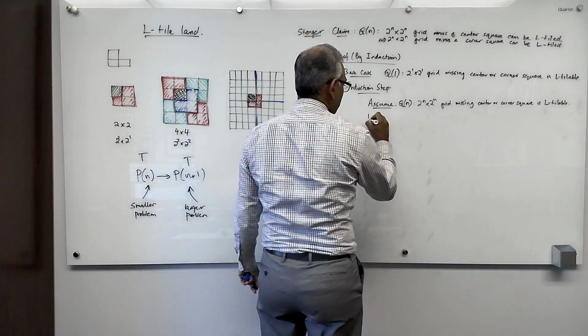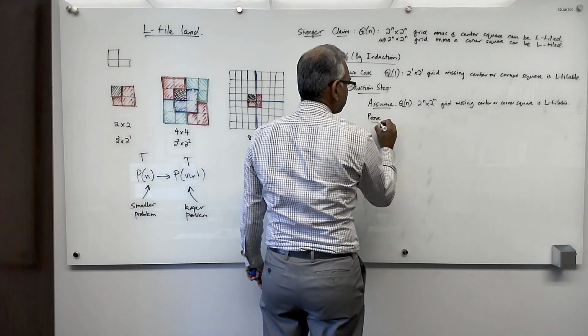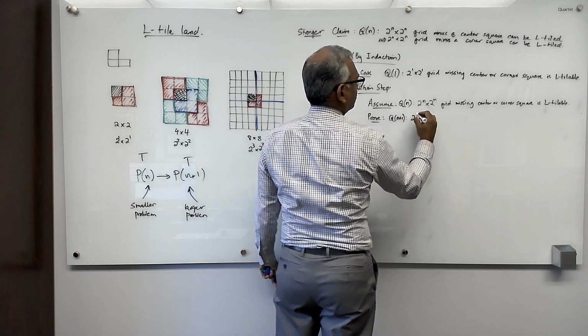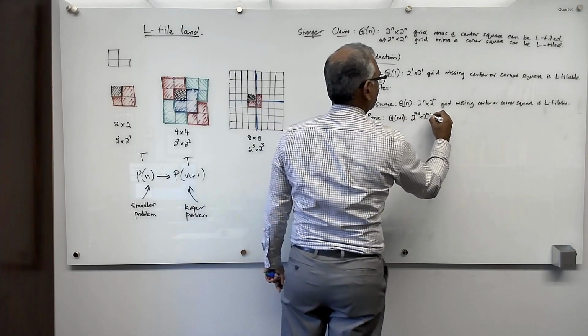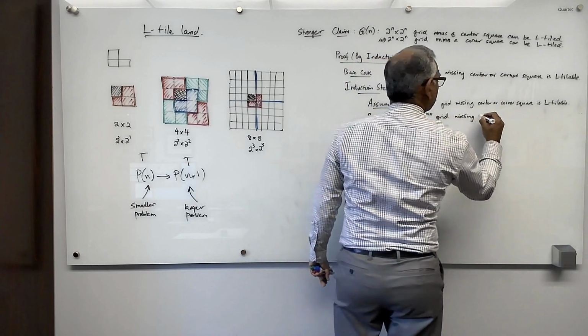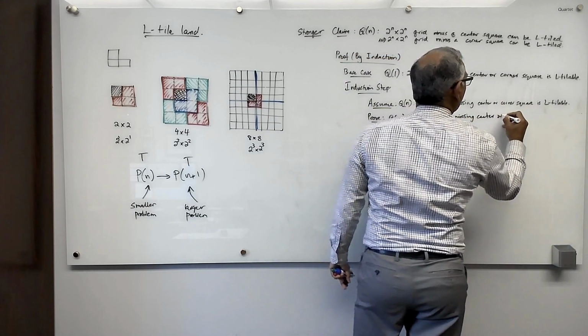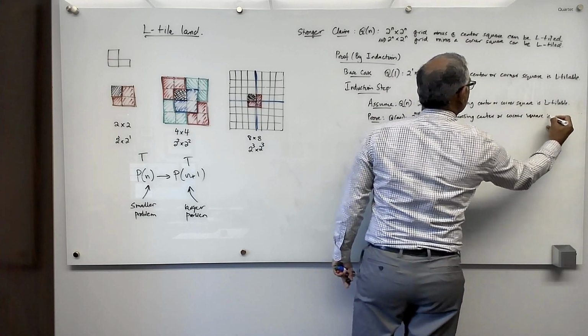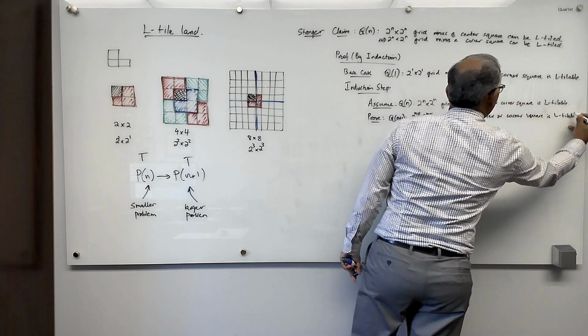Now we need to prove Q of n plus 1. That is, the 2 to the n plus 1 by 2 to the n plus 1 grid, missing the center or corner square, is L-tileable.